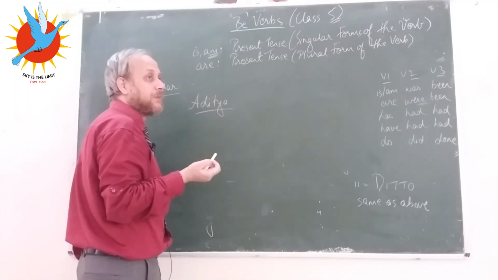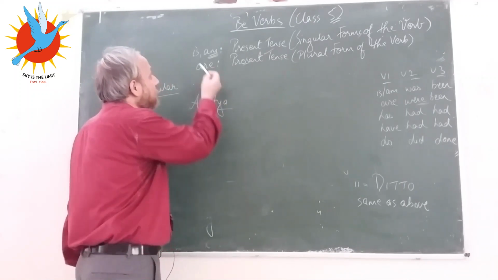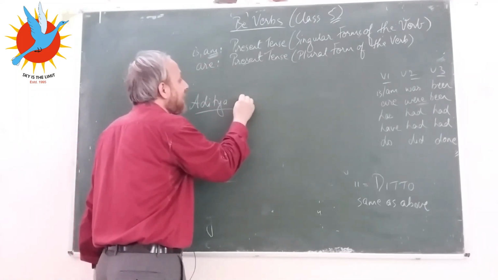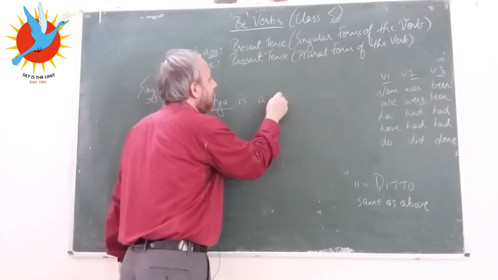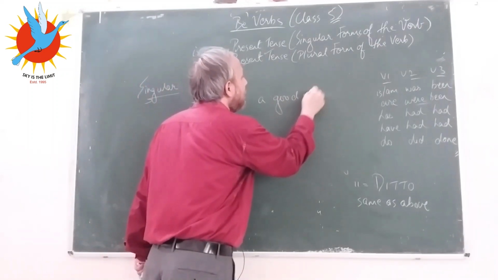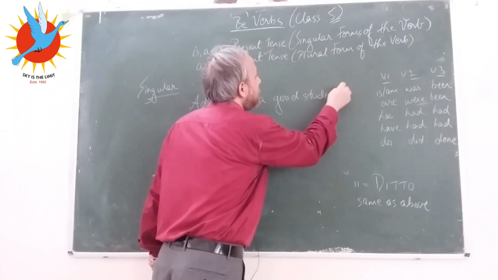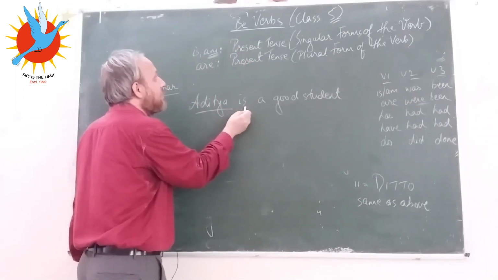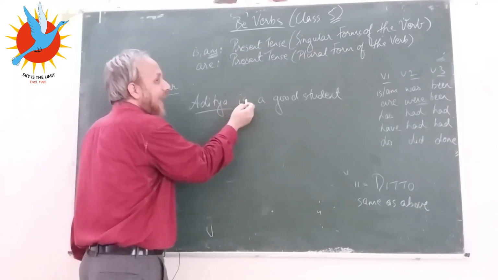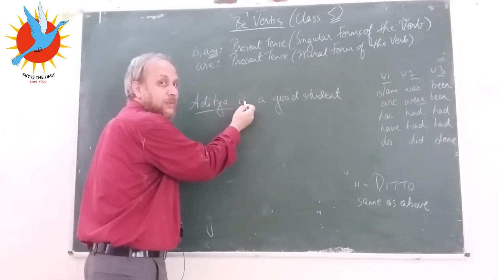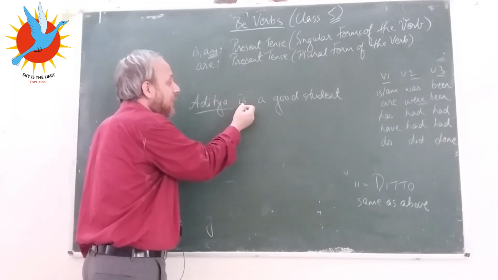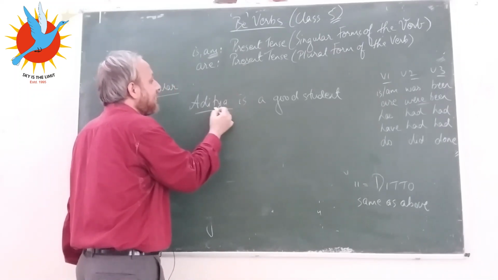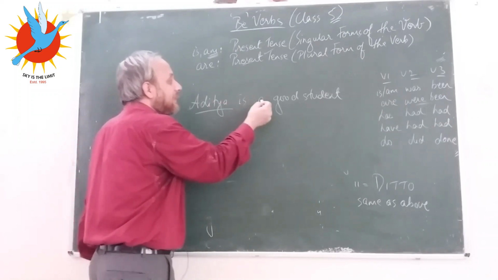If you're talking about the present tense, will you use is, am or are? You will use is. Aditya is a good student. The subject is singular, so you have to use the singular form of the verb. I cannot use am because am is used with I, the first person singular subject pronoun. But here it is Aditya, so Aditya is a good student.